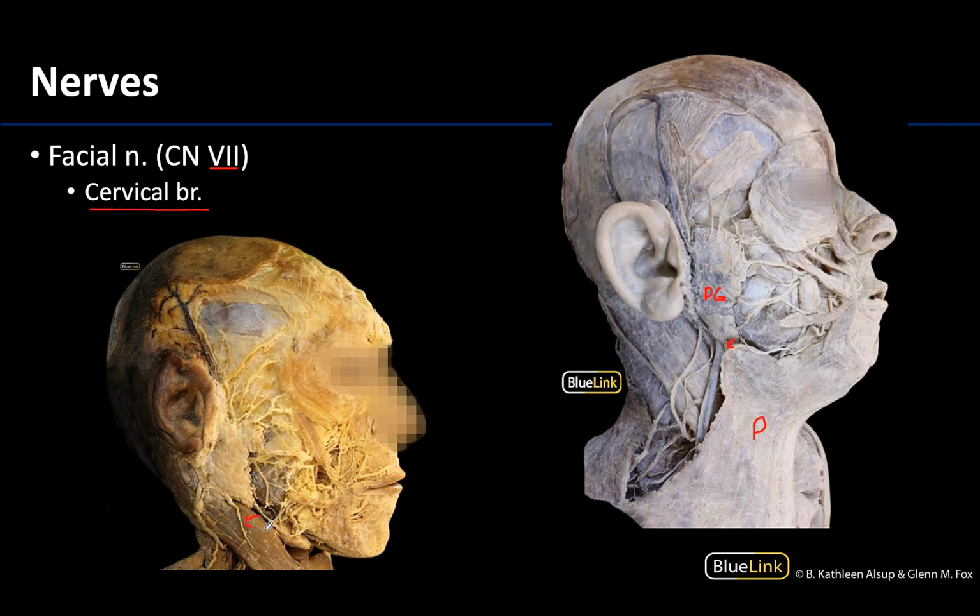And since platysma has been removed, it looks like it's kind of just hanging out here superficial to the sternocleidomastoid. But you can really see what we're talking about in terms of these motor branches of the facial nerve looking like they're emerging from the parotid gland. So here is that cervical branch, and here is a very small portion of it with its important anatomical relationship with the platysma muscle.